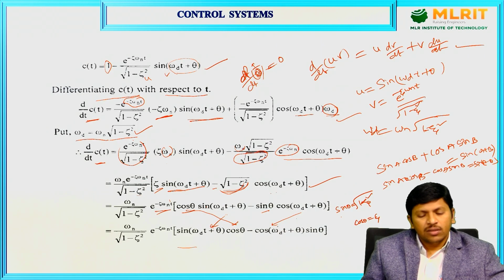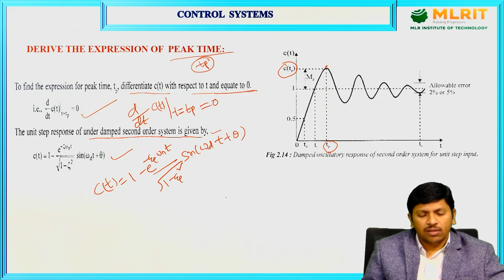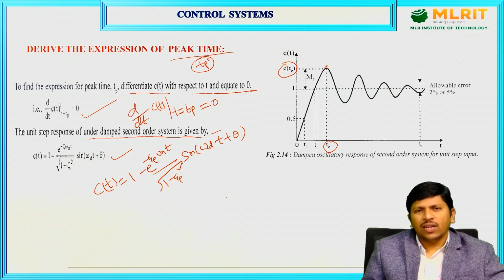This is the way to derive the expressions of time domain specifications from the underdamped second order system. From that we have already determined the peak time as well as the rise time.